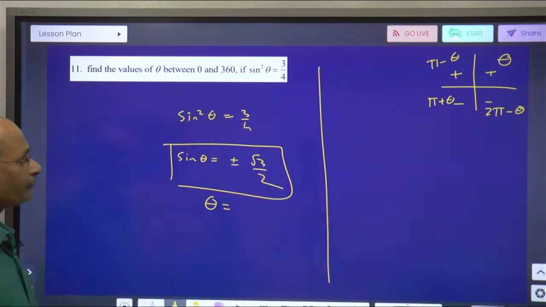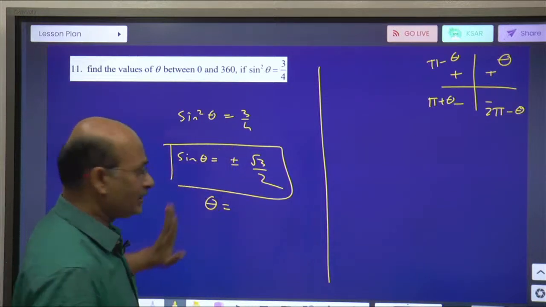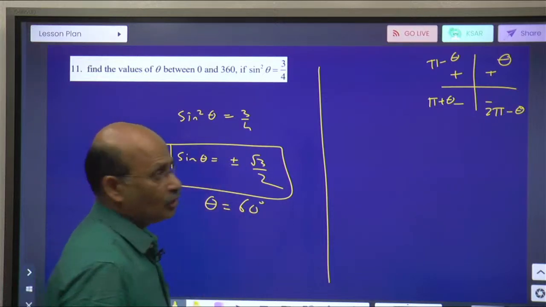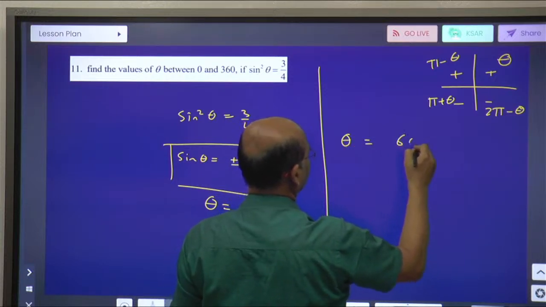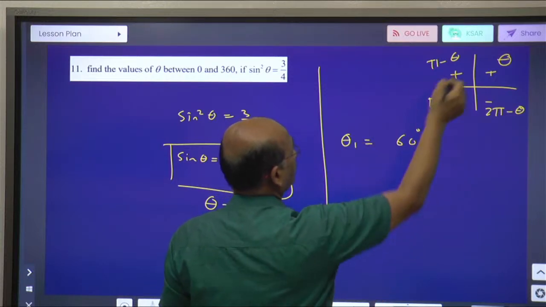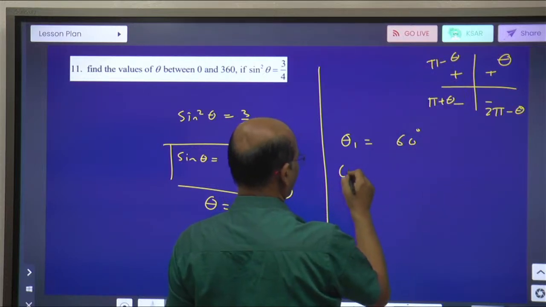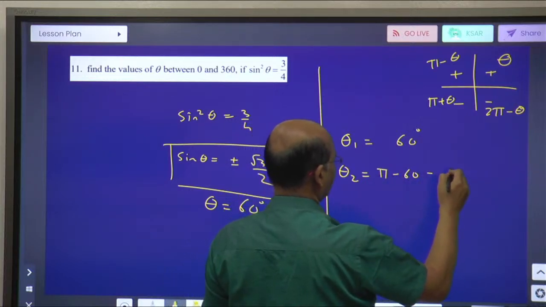Now hold on. So sine theta is root 3 by 2. Root 3 by 2 is 60 degree. So first quadrant theta is 60. Theta 1. This is second quadrant, so 180 minus 60. Theta 2 is pi minus 60, which is nothing but 120.